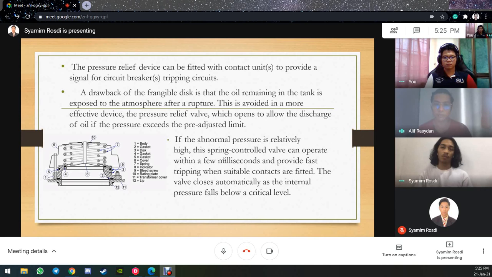If the abnormal pressure is relatively high, the spring controlled valve can operate within a few milliseconds and provide fast tripping when suitable contacts are fitted. The valve closes automatically as the internal pressure falls below the critical level.